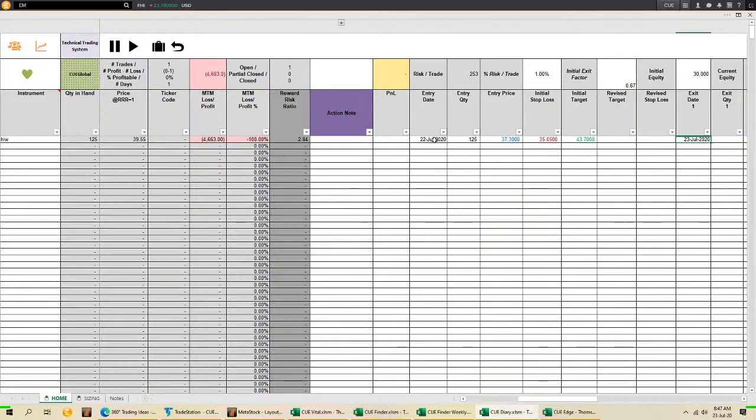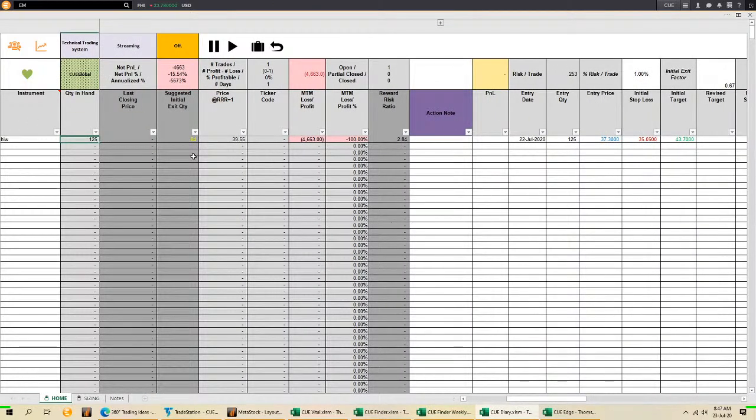That will tell you that you need to do something, either book profit or cut loss. Let's say I exited. By the way, it's also showing my quantity in hand, and there is another column I wanted to show you. I suggested initial quantity. That means if my initial profit target is hit, when I reach the risk amount as reward, reward risk ratio 1, then I am going to exit 84 quantity.